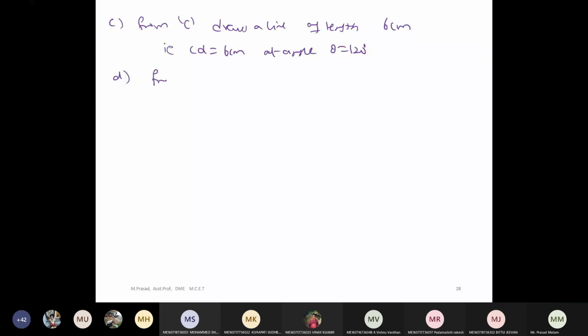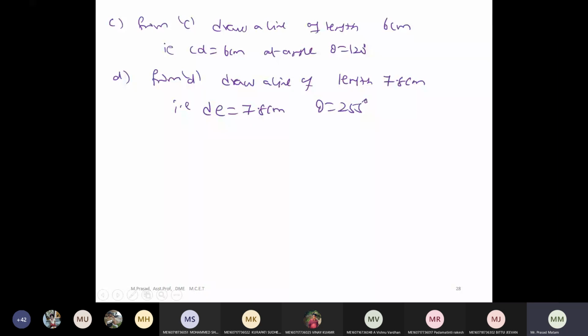Okay, from D, draw a line of length 7.8 centimeters, that is DE is 7.8 centimeter and angle theta is 255 degrees.